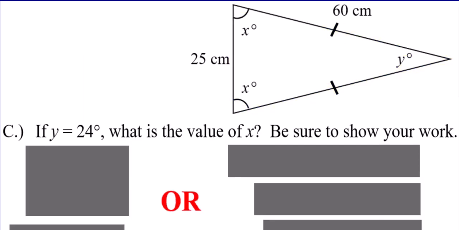Now, having said that, part C is talking about angles. How do I know it's talking about angles? Because it says Y, and Y is an angle. Do you see the degree symbol here? That is talking about that angle in this corner here. So that's an angle. And then it's talking about X. X is, well, measures of angles.